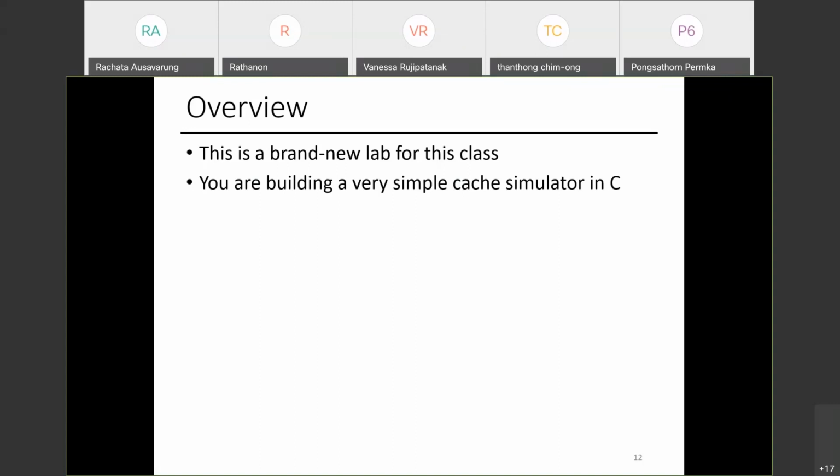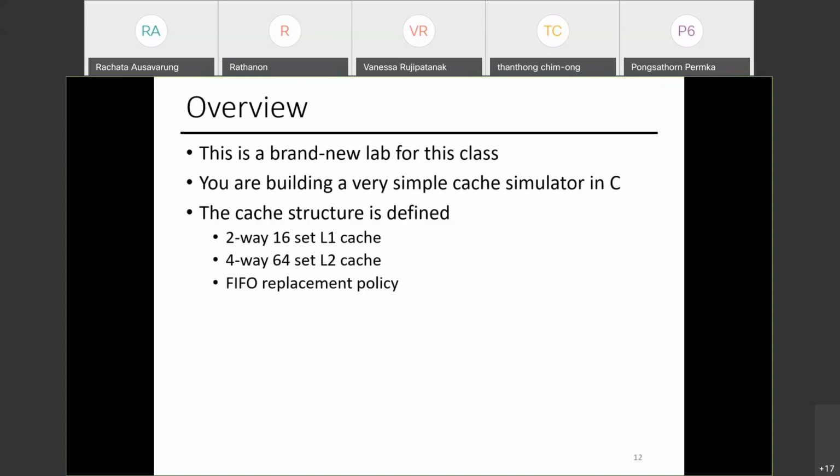To make everything really simple, I'm gonna define the structure. You're gonna have two levels of cache. The first level is an L1 cache, two-way, 16 sets, and then the second level is four-way, 64 sets. The policy, instead of LRU, I'm gonna make you do something even simpler. It's called first come first serve, first in first out, FIFO.